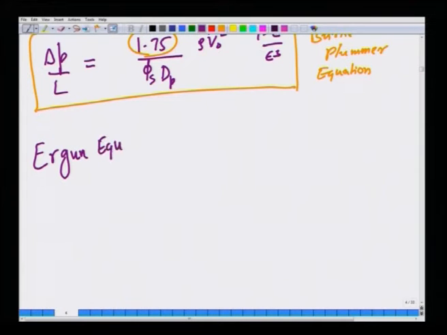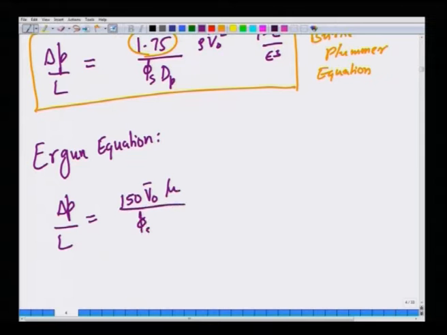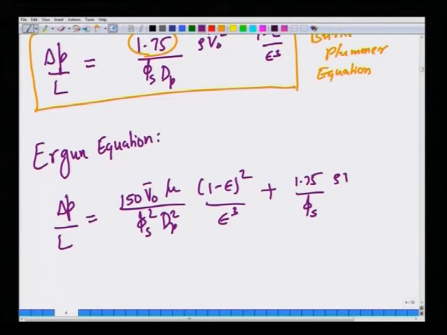The Ergun equation is merely a superposition of the two results: 150 V naught mu by phi s squared dp squared, plus 1.75 divided by phi s, rho V naught squared by dP, times 1 minus epsilon divided by epsilon cube. Okay. So, this is the Ergun equation, which is merely an addition of the two results that we have obtained so far.